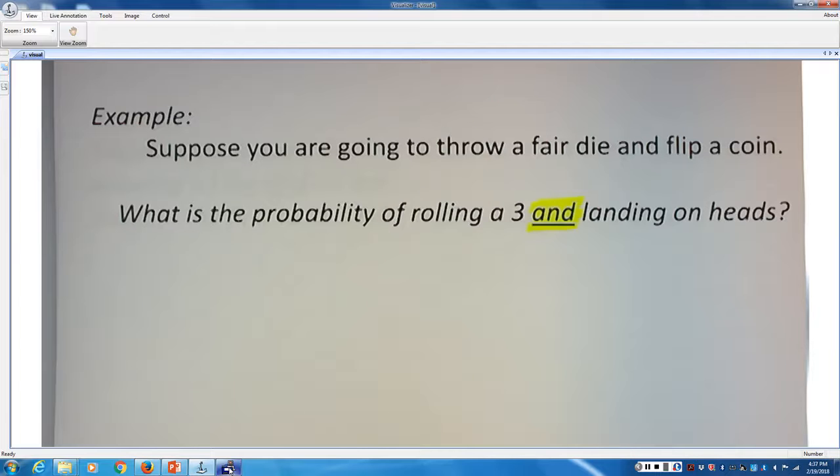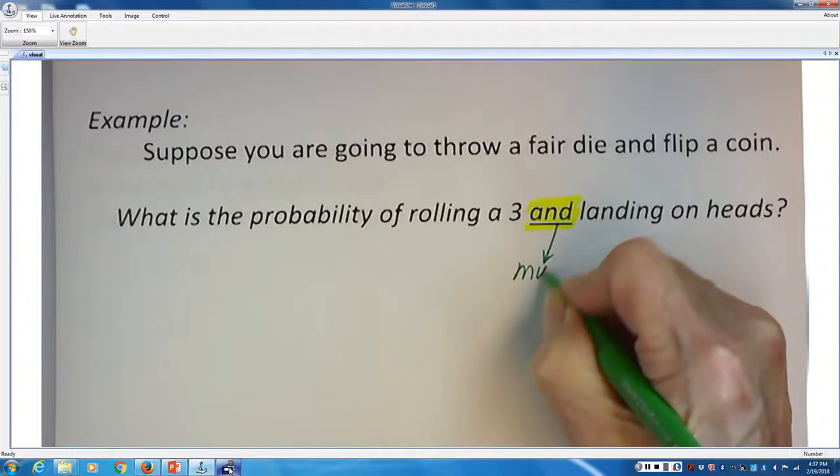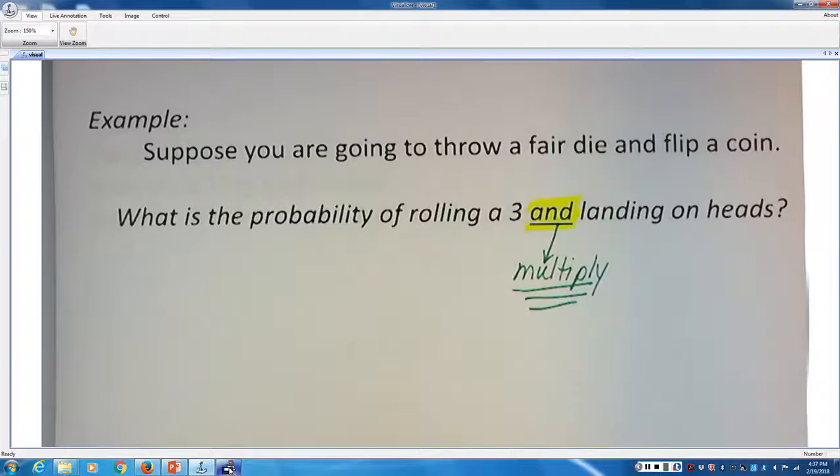And is the other one, and you have to multiply. There's not a rational way for me to tell you that that's how it works. Just, it does. And means multiply. It always means multiply. It means you're going to multiply the probabilities.